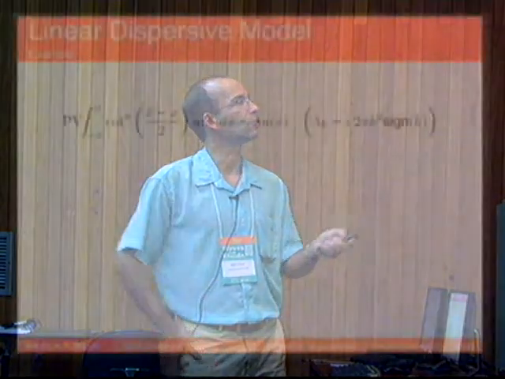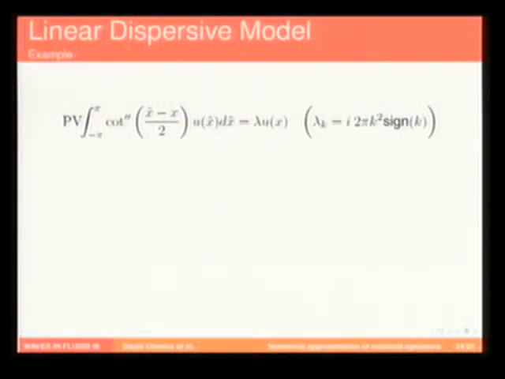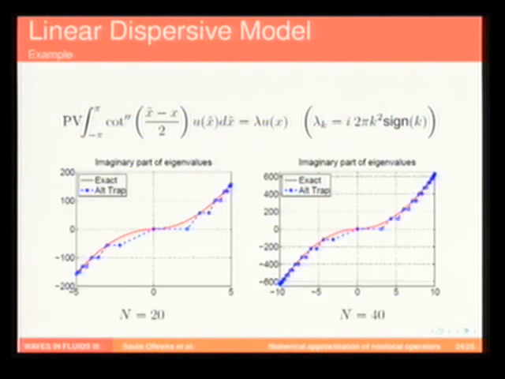So we take one example where we have a singular kernel, the second derivative of the cotangent, where we can compute the eigenvalues exactly. And let us compare the exact eigenvalues, in red, with the ones found by the alternate trapezoidal method. And we see that they all come in pairs.